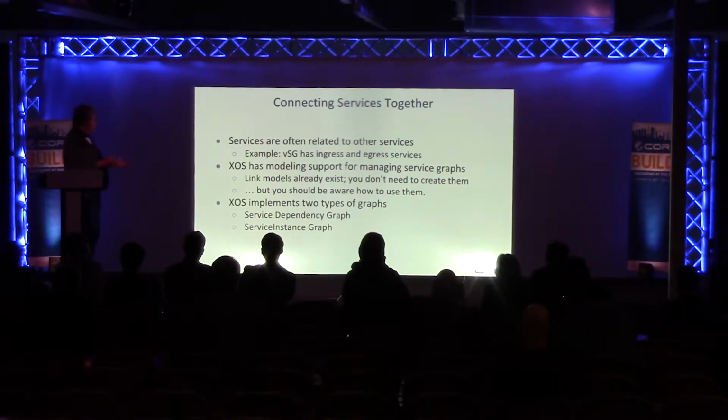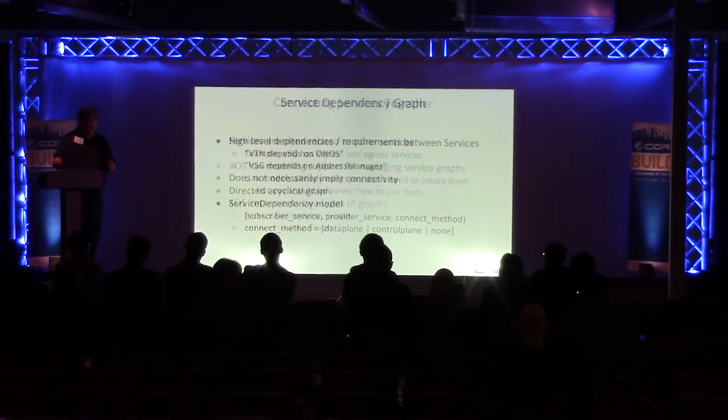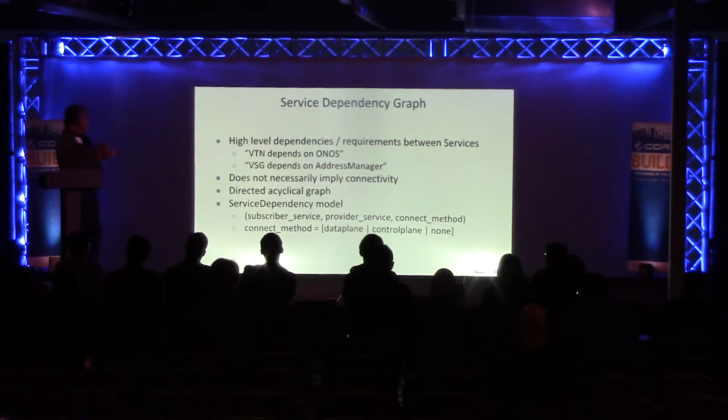XOS implements 2 types of graphs, and that's not surprising because we have 2 types of service models. We had the service model itself, and then we had the service instance model. So there'll be an associated graph with each one of those. For the service models, we have the service dependency graph.